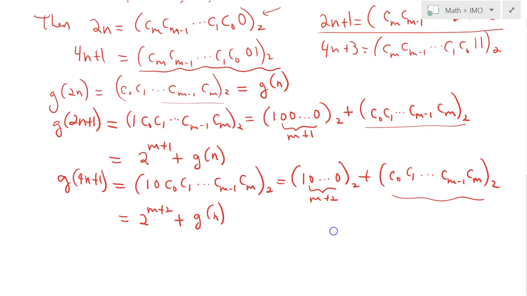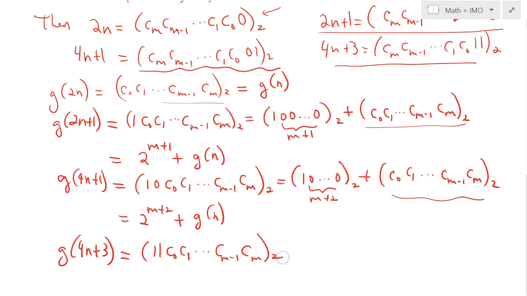Finally, G of 4n plus 3: 4n plus 3 was this expression here. We just reverse it, C_0, C_1, ..., C_{m-1}, C_m in binary, and this is simply equal to 1, 1, and then a bunch of zeros, m plus 1 of them in binary, plus G of n at the end again.